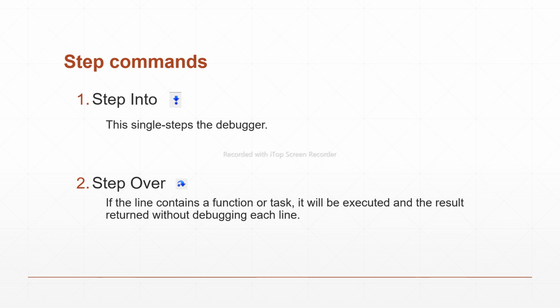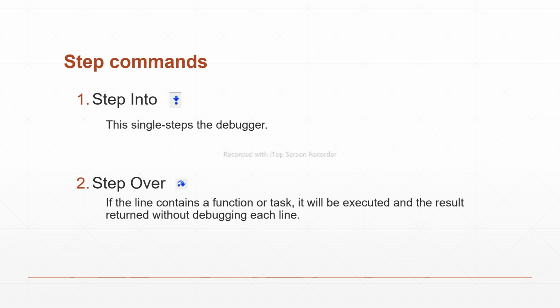The different commands which are present are step into and step over. The use of the step into command is that when we click this icon, the debugger single steps the code, one line of code at a time.